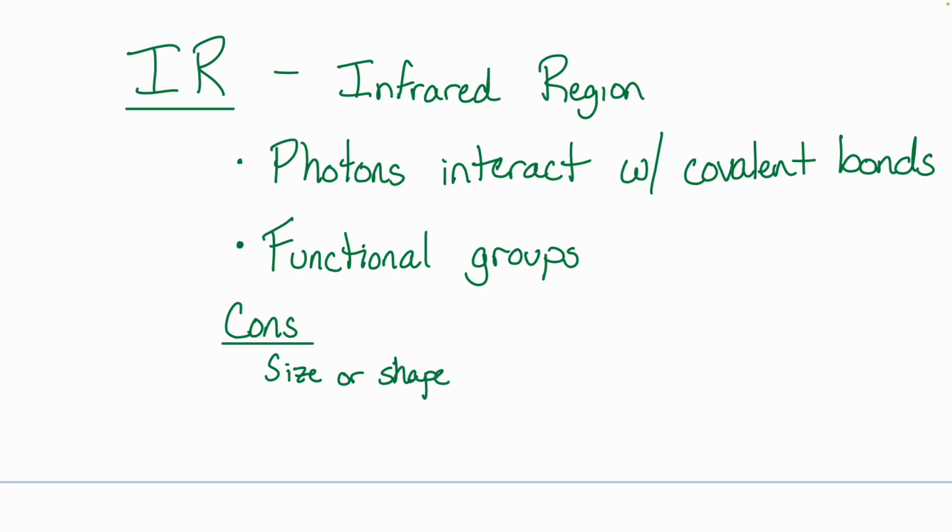Okay? So the pros, though, is that A, we can see our functional groups. Cool, that in and of itself is a good bit of information. The other reason that you use it so frequently is because it is so easy to use. You literally just put some sample on a thing and press go, right? No brainer. There's no amount of training you need for an IR.